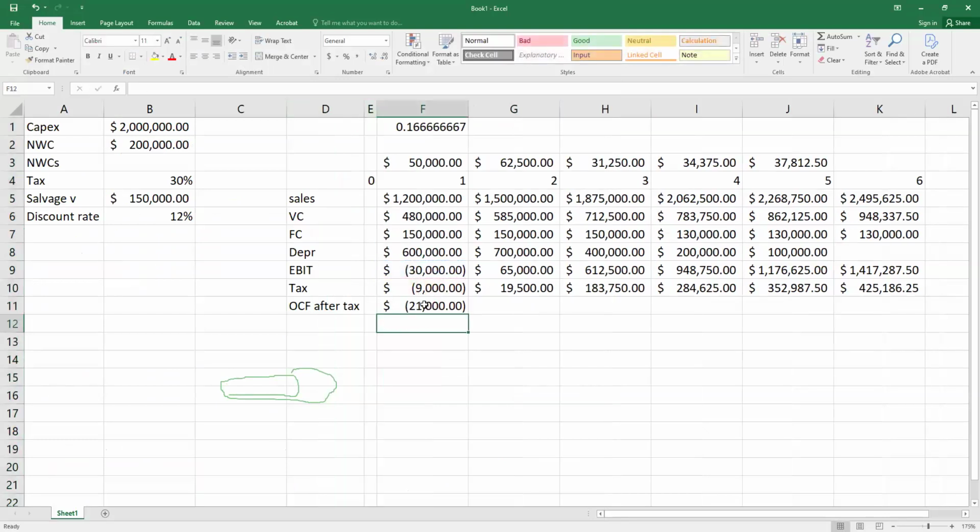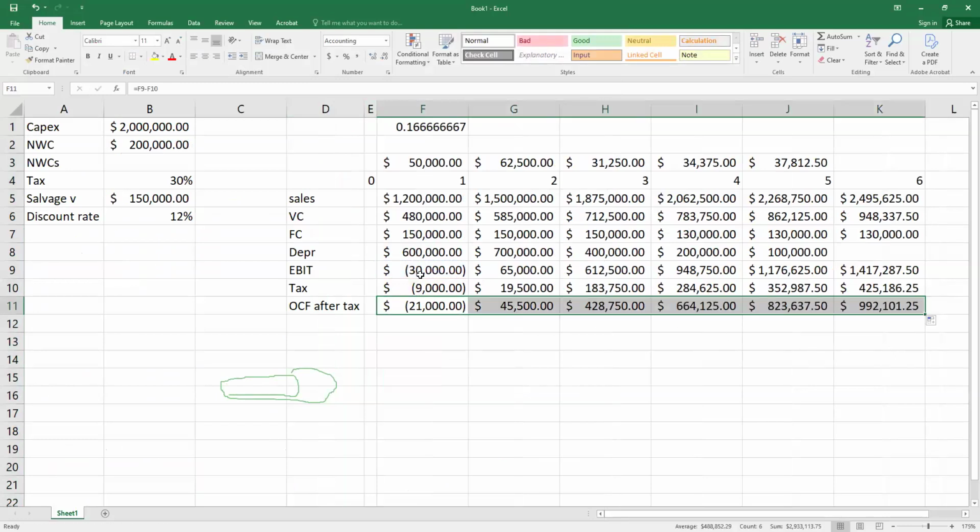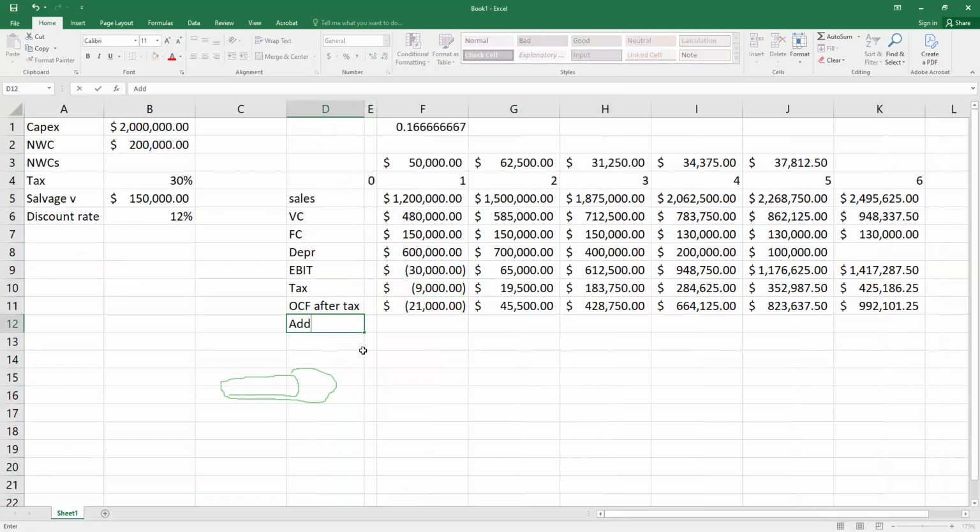This minus this. And what else? I need to add the depreciation back because it is a non-cash item. So I'm going to just put add depreciation. I'm going to move it here.